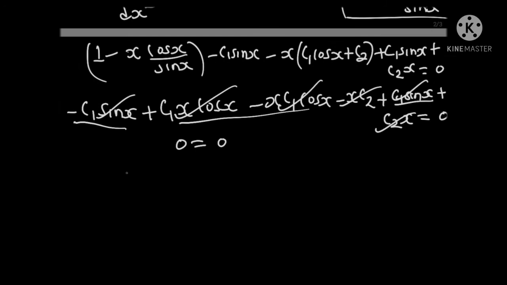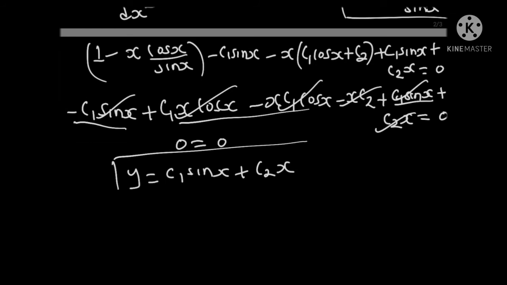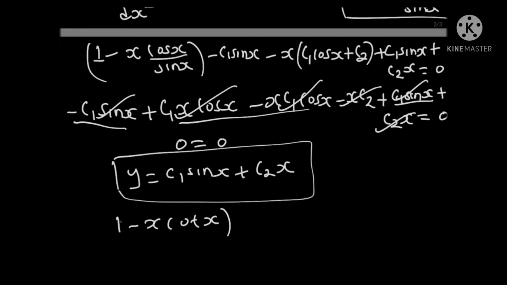Therefore, y equals c1 sine x plus c2 x is indeed a solution to the differential equation given by (1 minus x cot x) y double prime minus x y prime plus y equals 0.